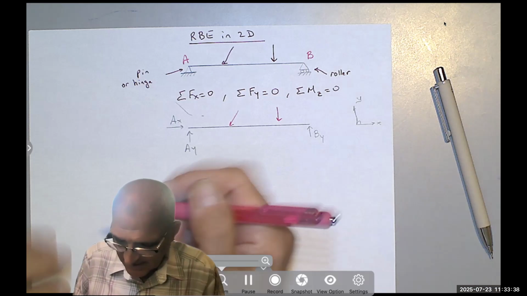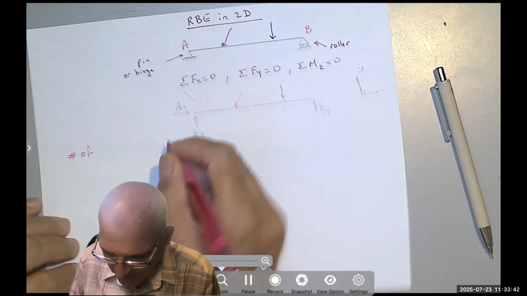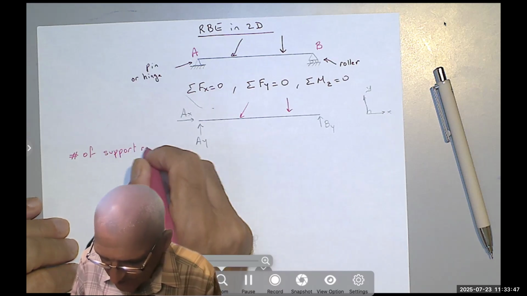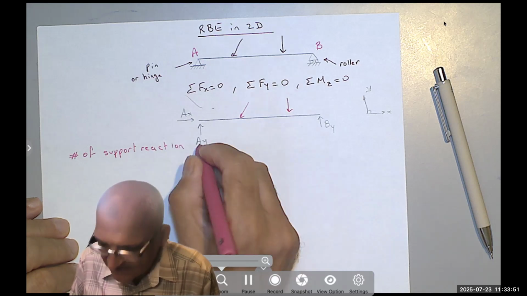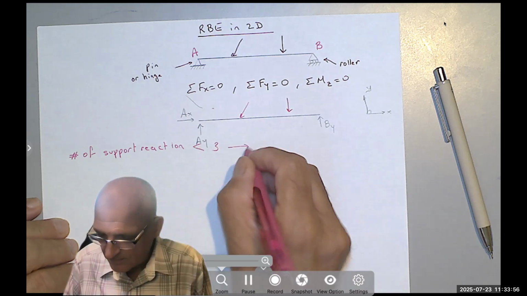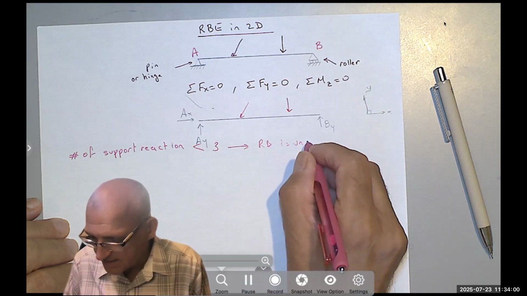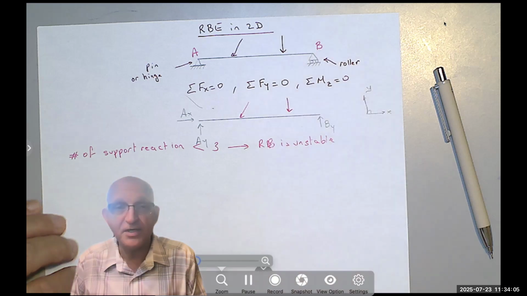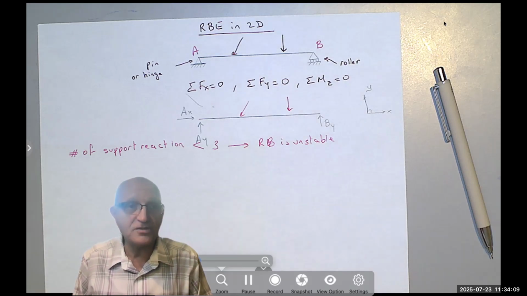So let's say if the number of support reactions is less than the number of equations, meaning less than three, the rigid body is unstable. You can't have a stable rigid body if you have less than three reaction supports.